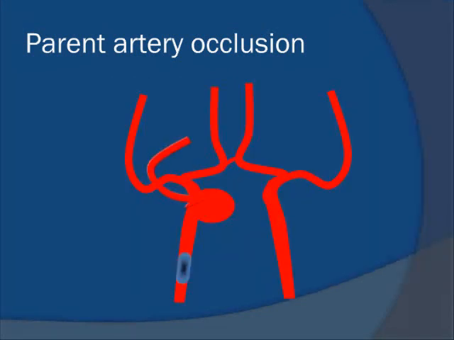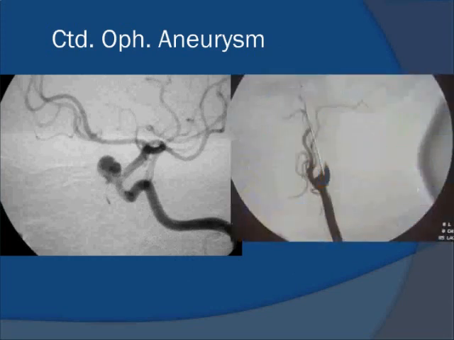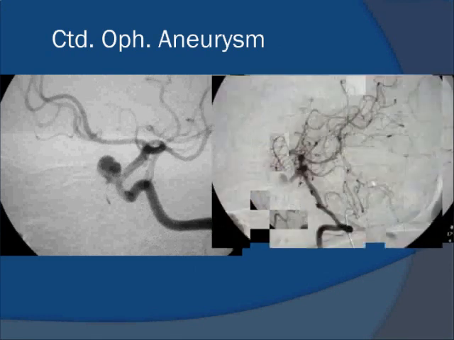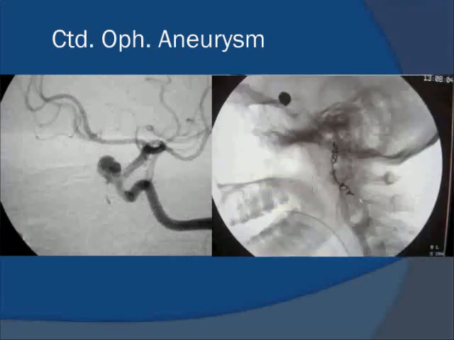This is the third situation we talked about, where the aneurysm fills from the posterior communicating artery. Here's an aneurysm. It's in the carotid-cavernous segment, and this is a test occlusion with the balloon inflated. When you take an AP, everything looks perfect, but when you take a lateral, you can see the aneurysm filling to the posterior communicating artery.